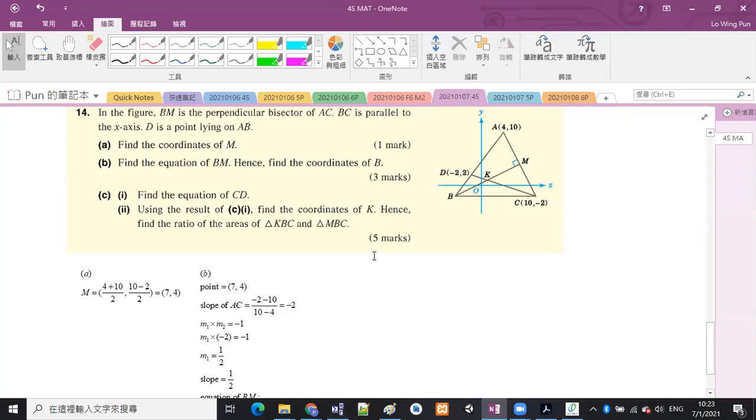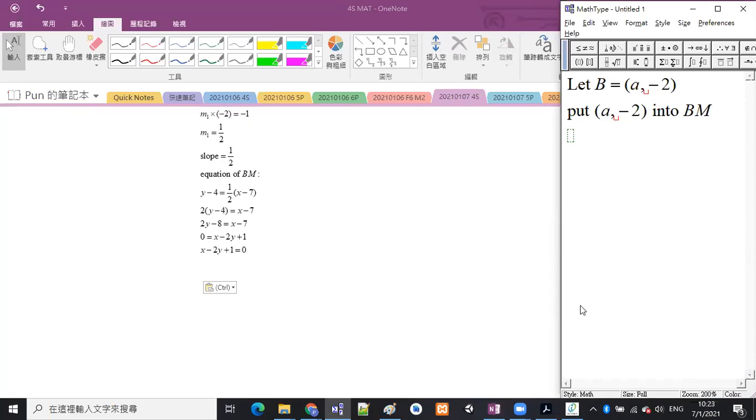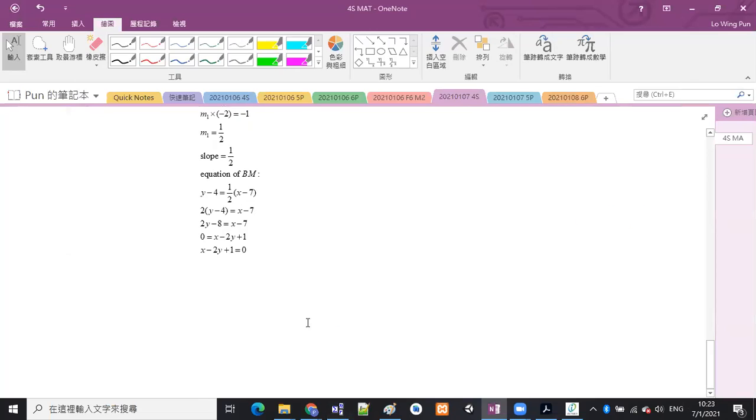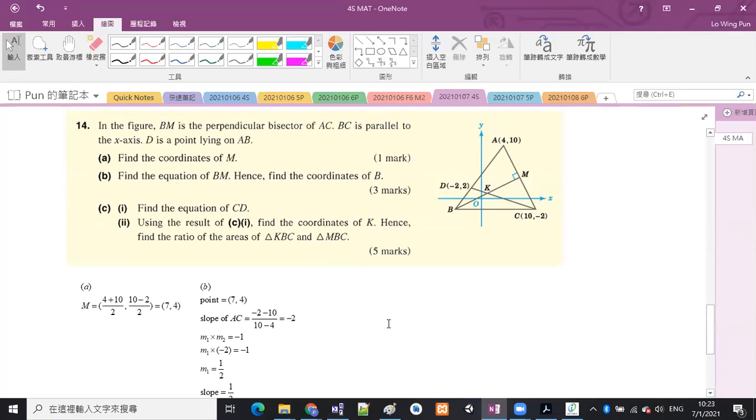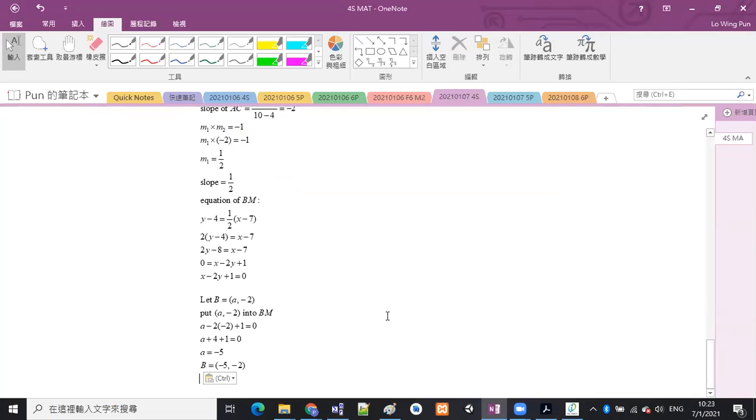We have already found that BM is x minus 2y plus 1 equals 0. So x becomes A, minus 2y becomes minus 2 times -2, plus 1 equals 0. So A plus 4 plus 1 equals 0. A is -5. So the coordinates of B should be (-5, -2). That is the answer of part B. Can you get this?